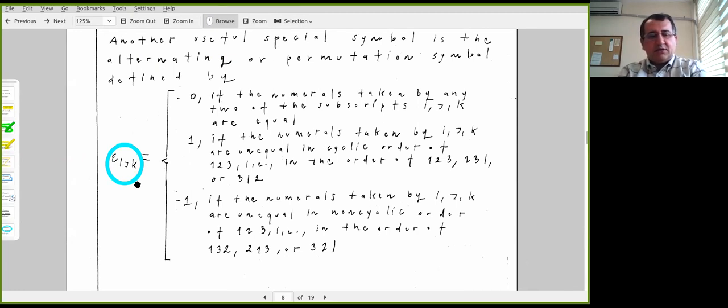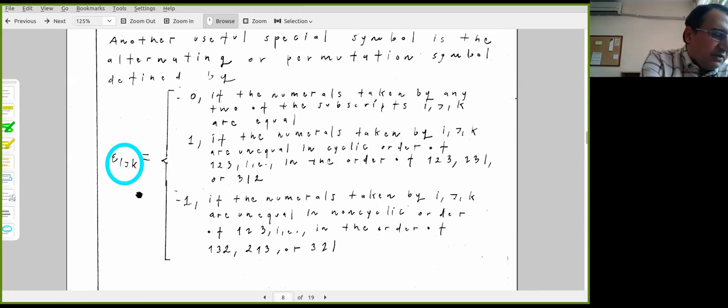Since there are three indices, this has a total of 27 elements or entries. That is an isotropic tensor. We'll talk about transformation, but the entries are not changed when you apply coordinate transformation.